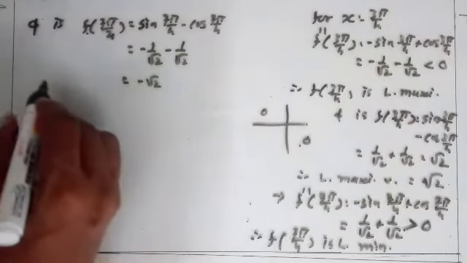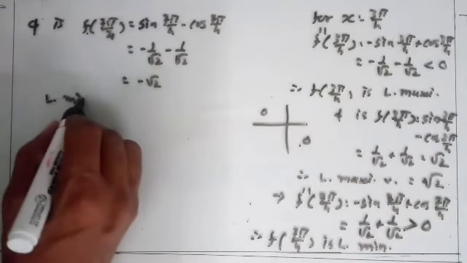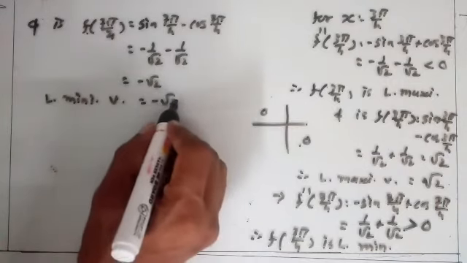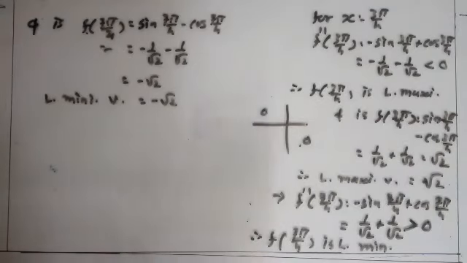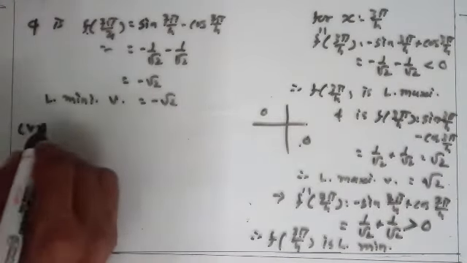Clear? So the local minimum value is equal to minus √2 and it happens at 7π/4. Clear? Similarly, question number 5.